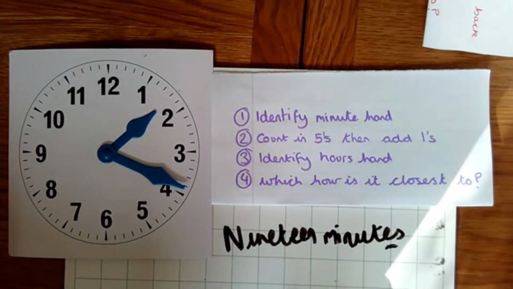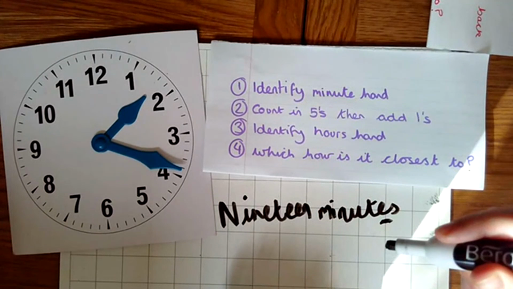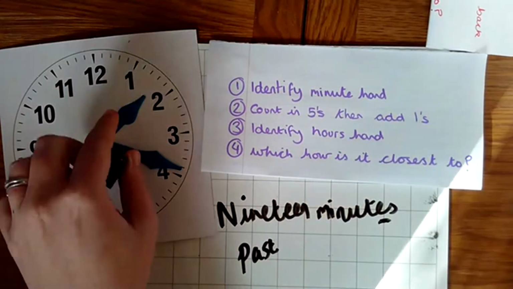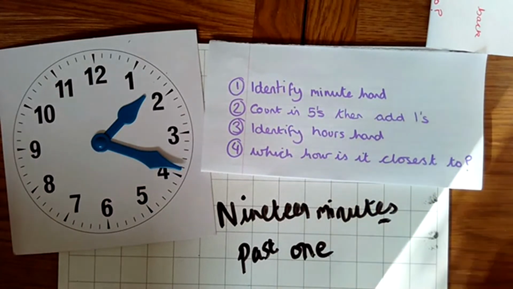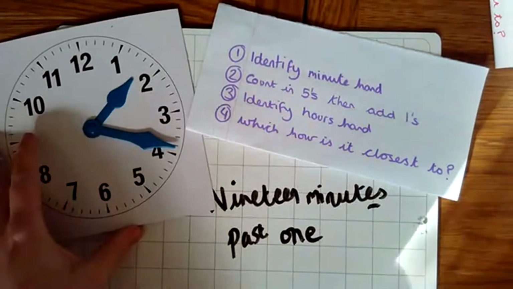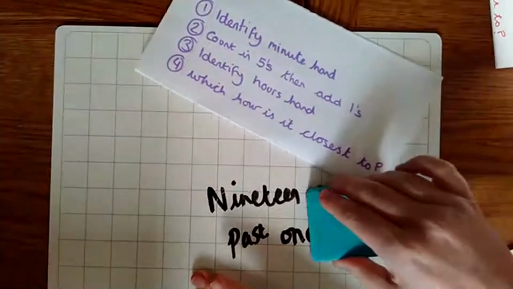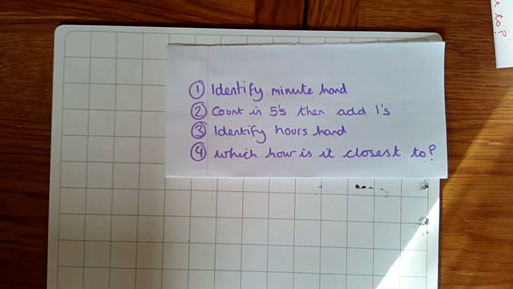Remember, minutes has got an E. 19 minutes past. And what's my hour? My hour is 1 because it's past 1 o'clock. 19 minutes past 1. Let's have a look at another example. Keep my steps to success there. Oh, what time is it?